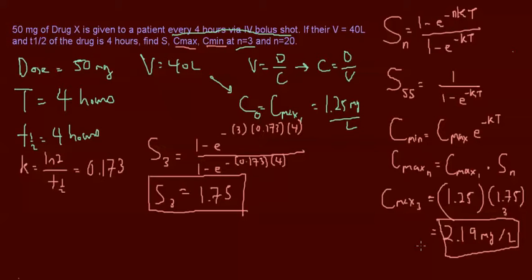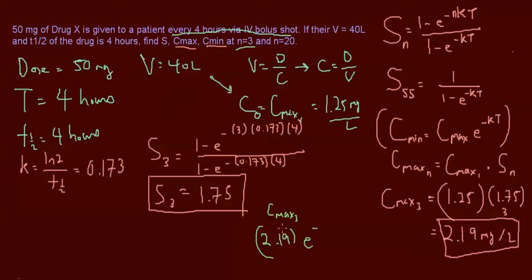And to find your C minimum at 3, you use this equation now. So all you do is you have your C max at 3, which is 2.19. You want to multiply that by e to the negative kT.